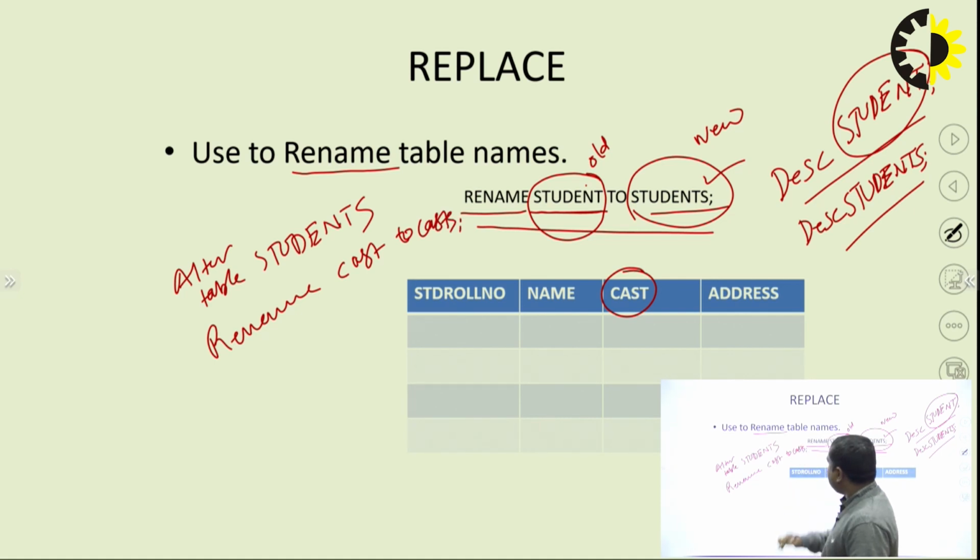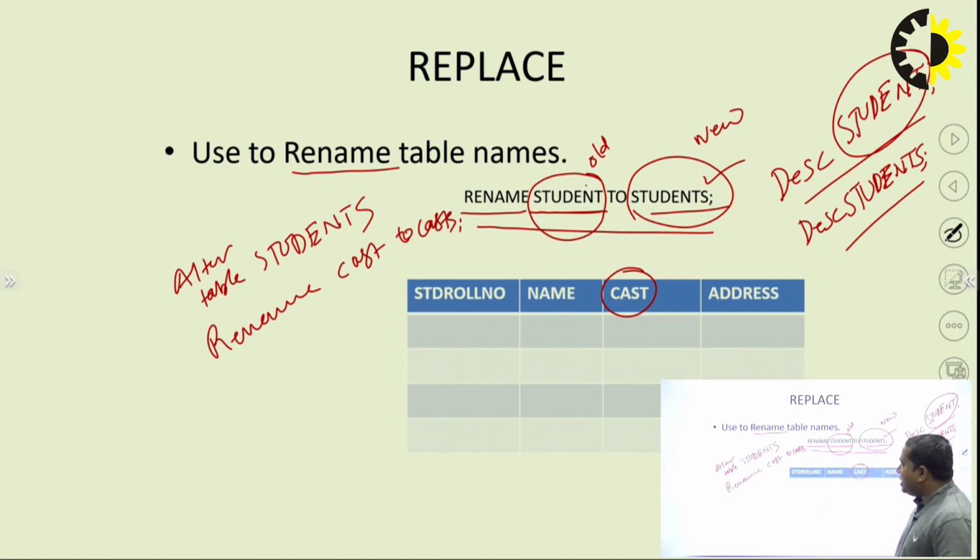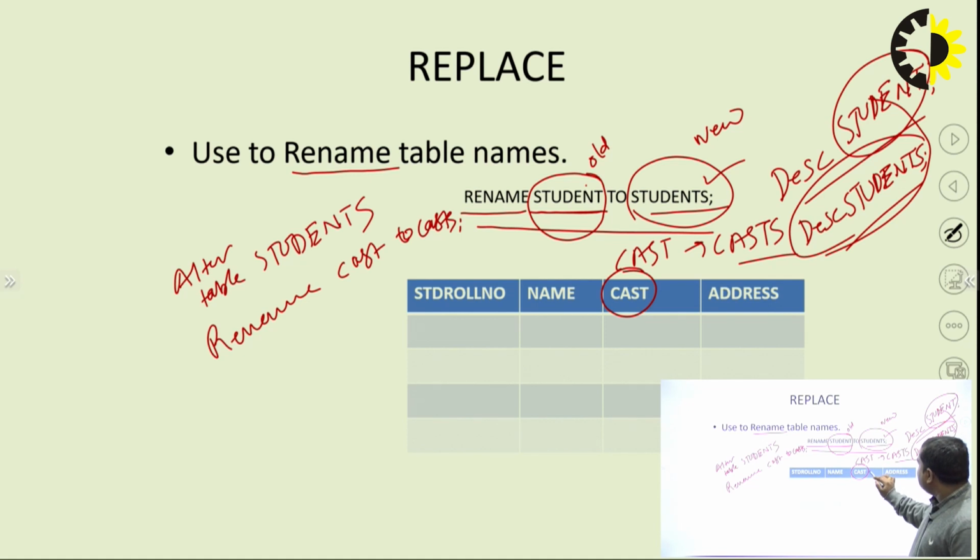Like this: alter table students rename cast to casts. This cast will now be casts. We can verify it by performing describe students, and we can see that cast is replaced by casts.